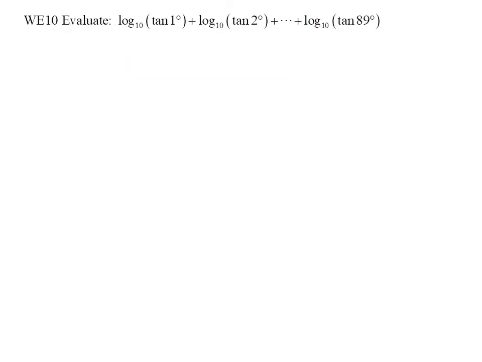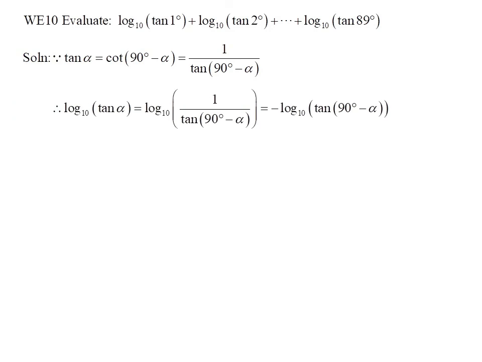Example 10 is to evaluate a logarithmic expression containing tangent values. According to the trigonometry identity relation, tangent alpha equals cotangent of (90 degrees minus alpha), which also equals 1 over tangent of (90 degrees minus alpha). Hence, common logarithm of tangent alpha equals negative common logarithm of tangent of (90 degrees minus alpha).